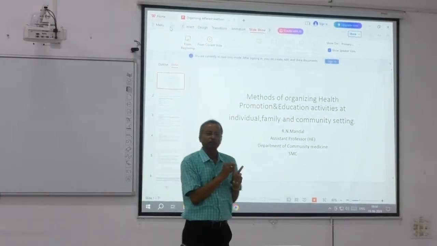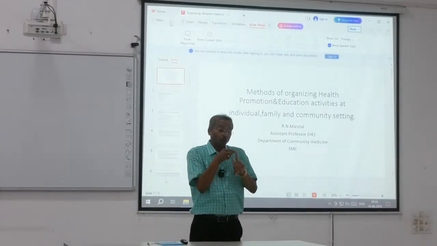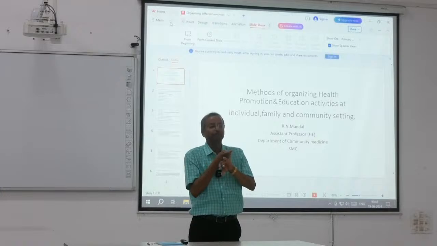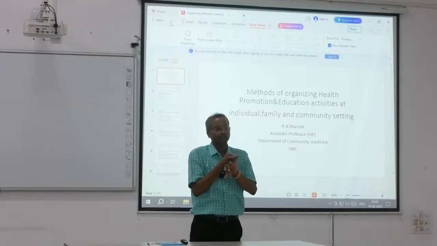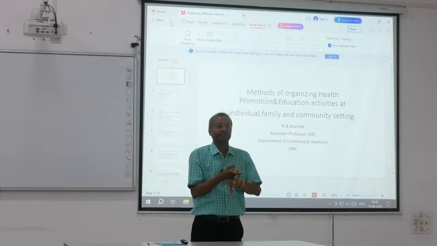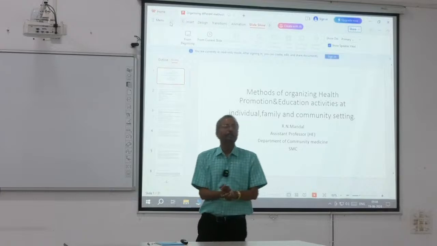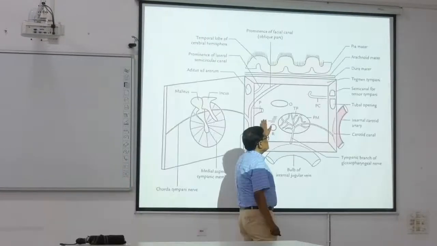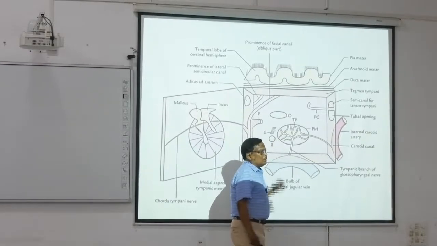What is this particular method? When this particular method is suitable to organize, and what is the particular method, and each and every method's advantage and disadvantage, that I have already discussed. Now any questions? Understood? Okay, that's all.